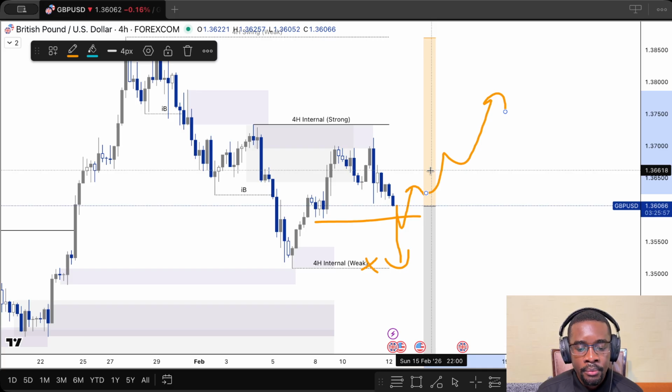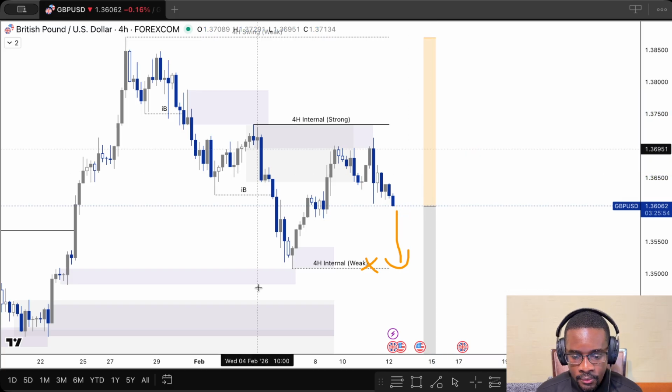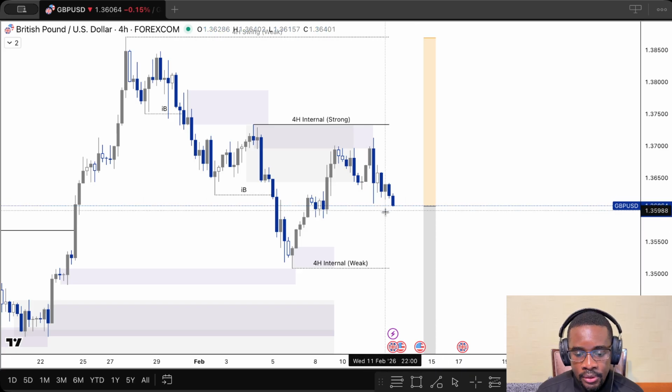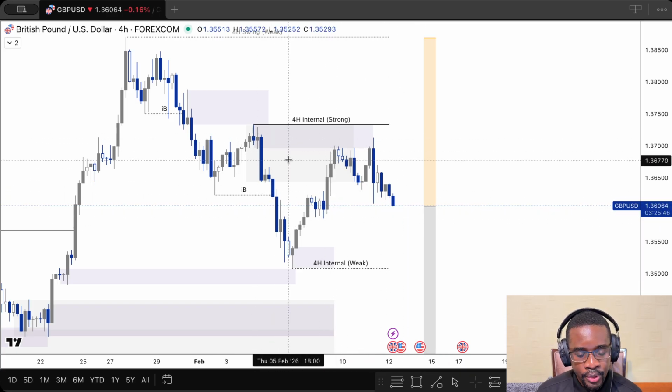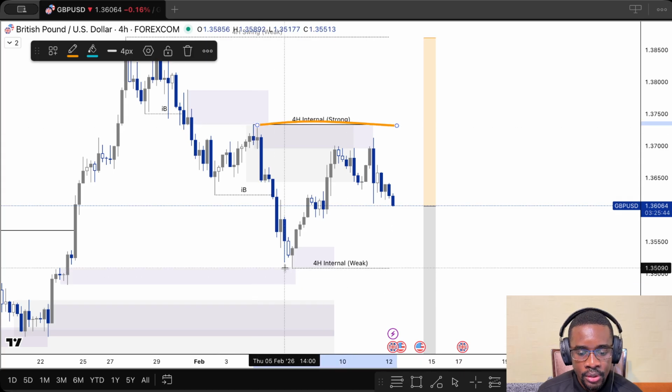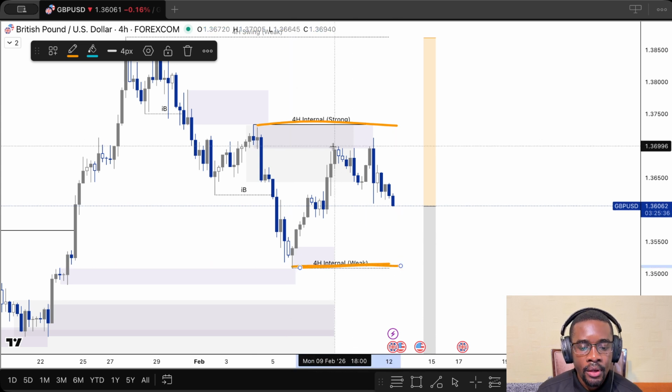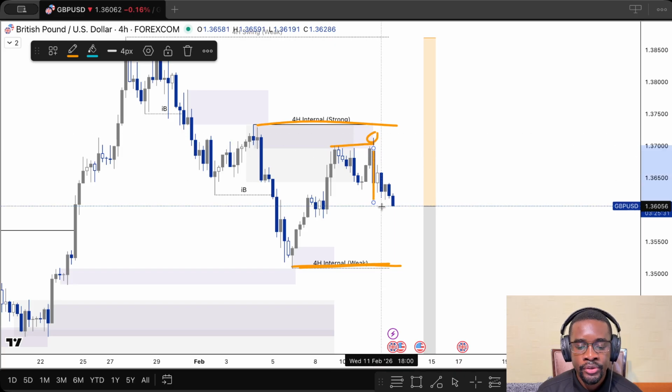But the way I'm looking at it right now is for the pound, we are currently bearish because our internal range is bearish. Okay, this is our strong internal high, this is our weak internal low. We swept liquidity, right? We had a strong bearish engulfing candle, and then fractal structure is breaking to the downside.